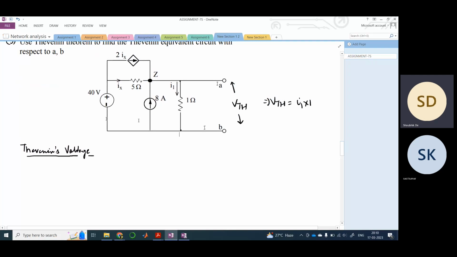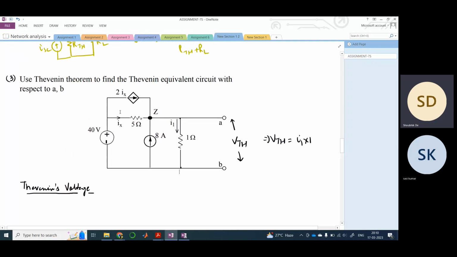Because here, this is a voltage source, so it would be supplying some current directly. So let us mark like this. This is node 1, this is node 2, right? And this is our ground, and this is also node 2 because there is no resistance or voltage source connected across this, right? And this is obviously ground.